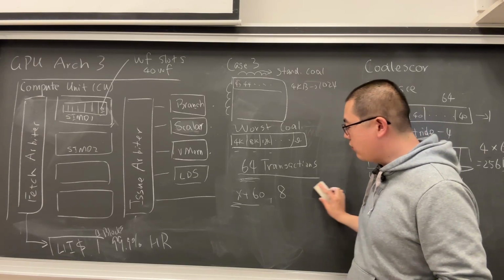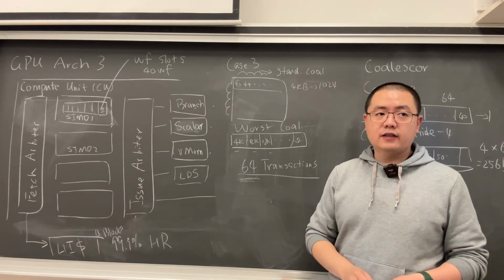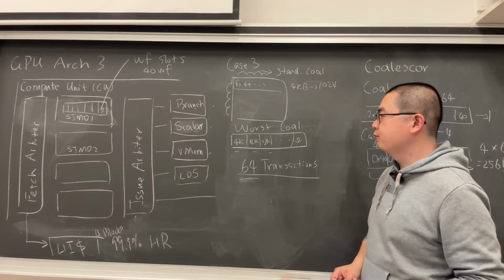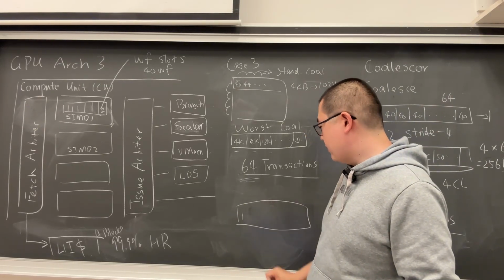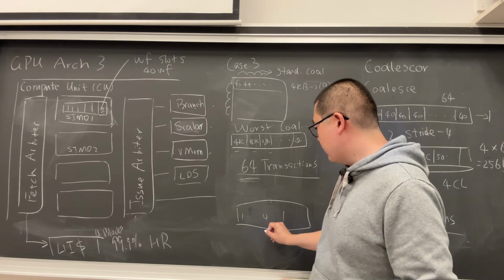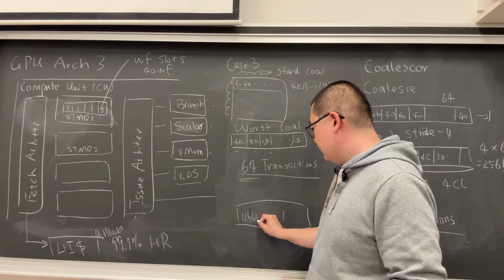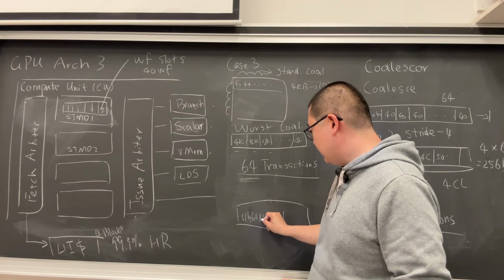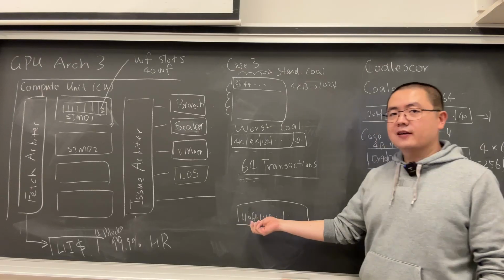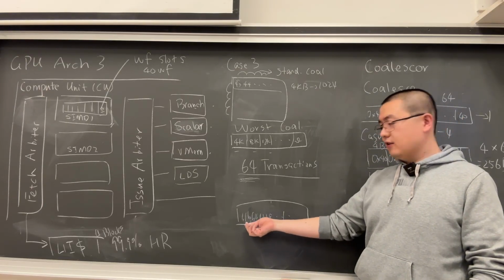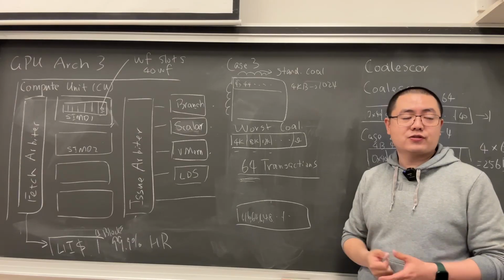Okay, so this is coalescing. As you can see, coalescing can be quite complex. For example, we can have something like this: here is 1, here is 1, here is 4, here is 64, 16, here is 64, then 16 again, and 8, and so on. In some cases, those addresses can be everywhere, with no certain stride.